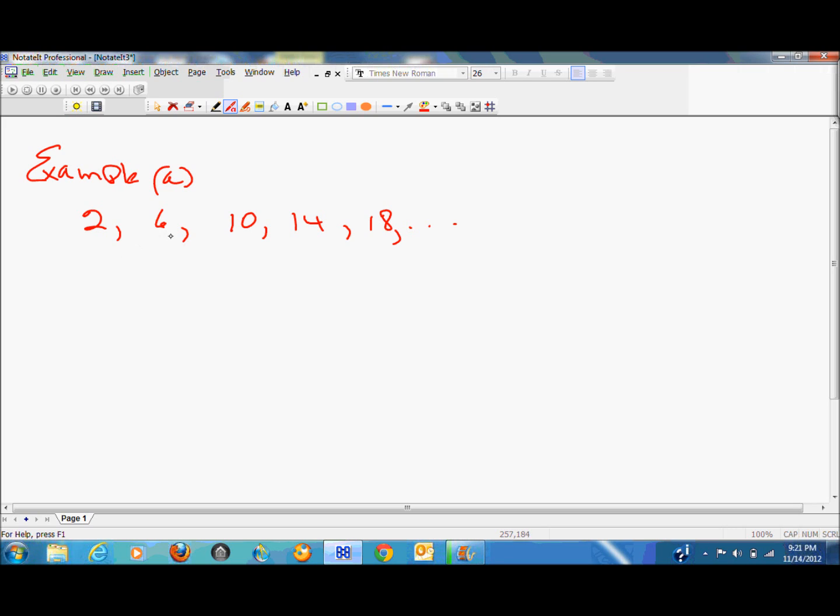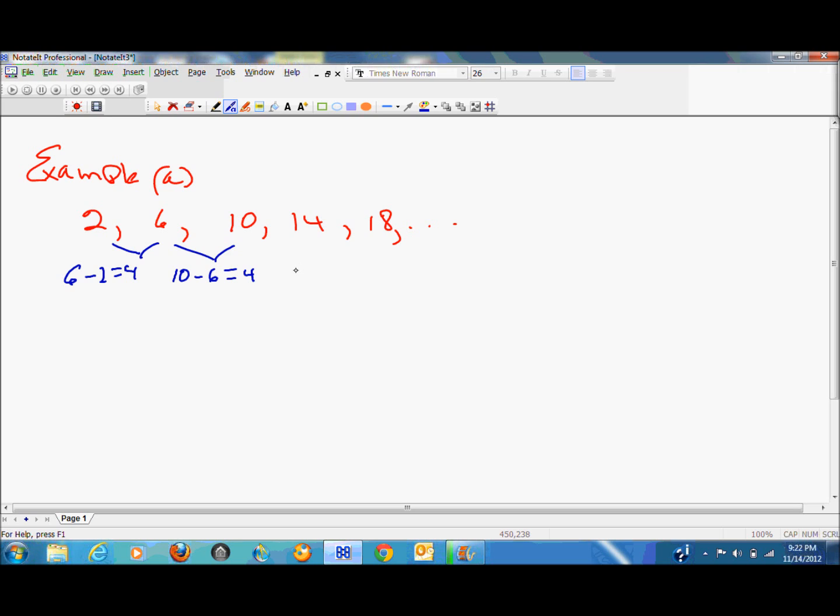So let's take term 2 and subtract from it term 1. That'll get us off and running. So here I will have 6 minus 2, which equals 4. Here I would have 10 minus 6, which equals 4.